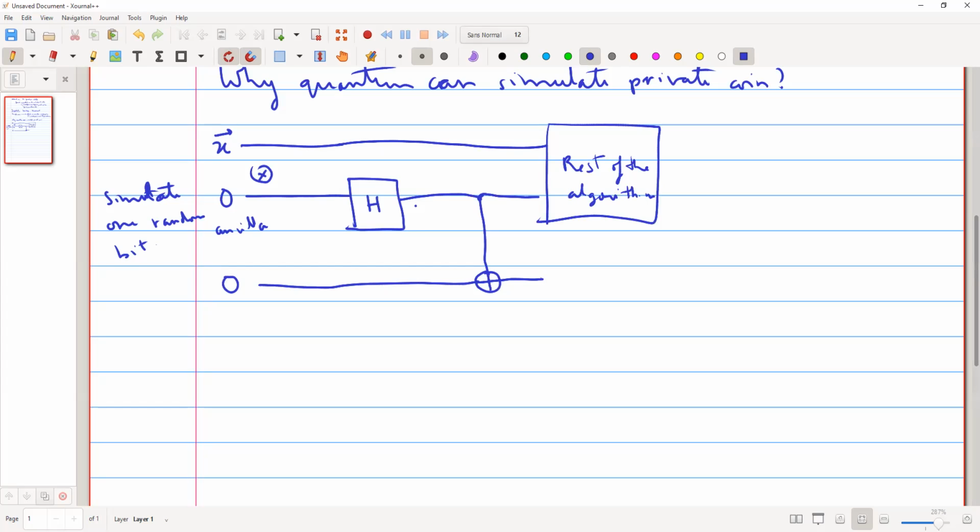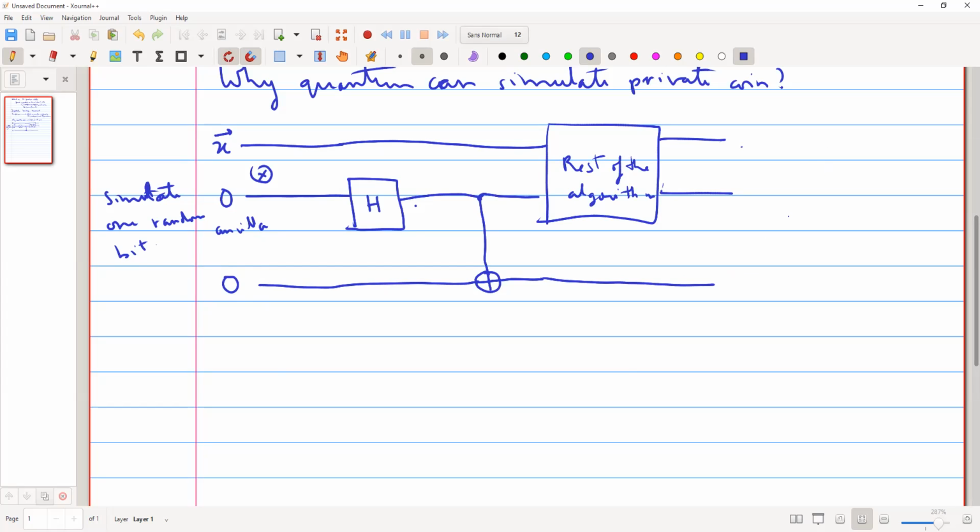I want to simulate one random bit, but you can see that finally I have used 2 ancilla bits, but both are initialized to 0. This bit is not touched henceforth, so it just remains hanging like that.